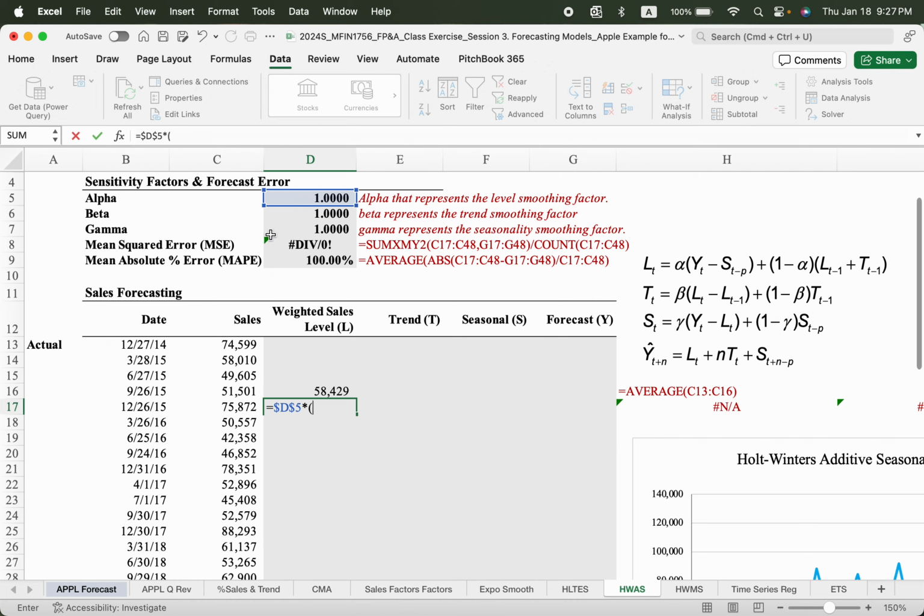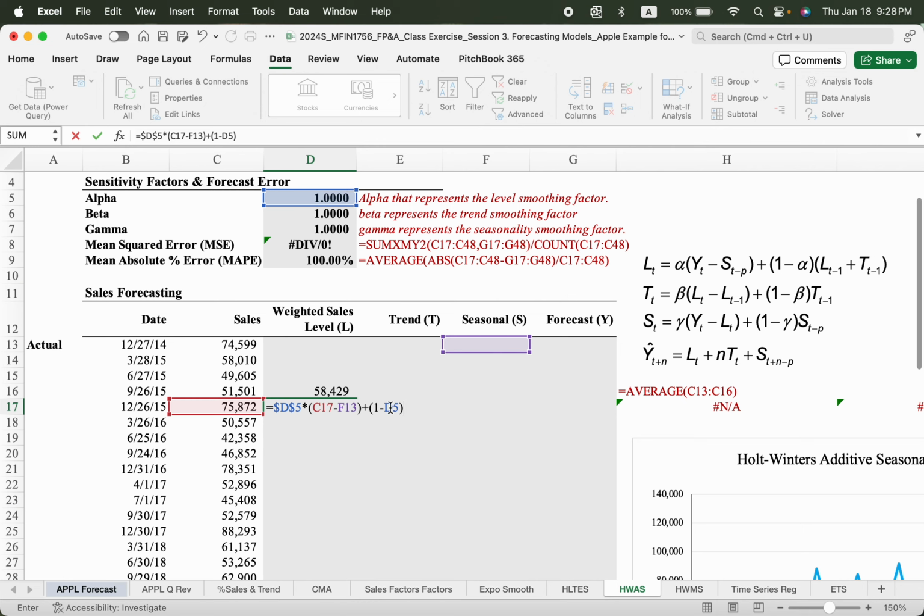Now here minus the seasonality of the same period of the prior year, right? So that's why inevitably we have to start from this formula from here, right? So now we have F13, which is the same quarter but of the prior years. And then close the parentheses plus 1 minus the same alpha, which was not explained in the prior period, right? So here close the parentheses.